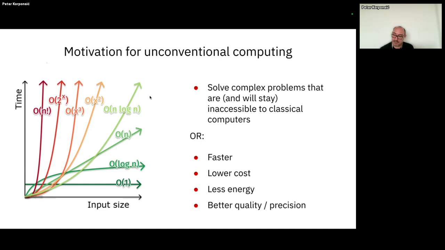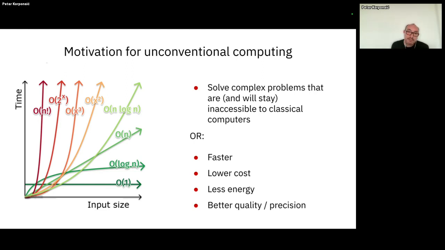Another motivation is that the demand for information processing is ever increasing, and it's accelerating. Today a significant share of the total energy produced is used for running data centers, and this is increasing every day.